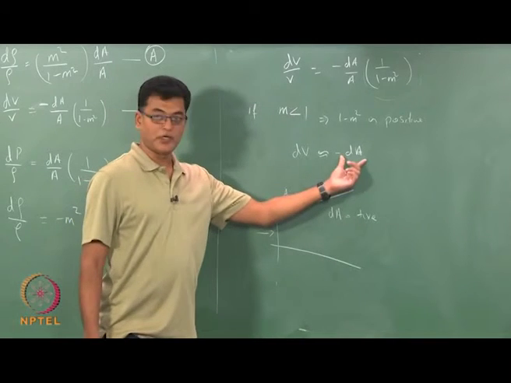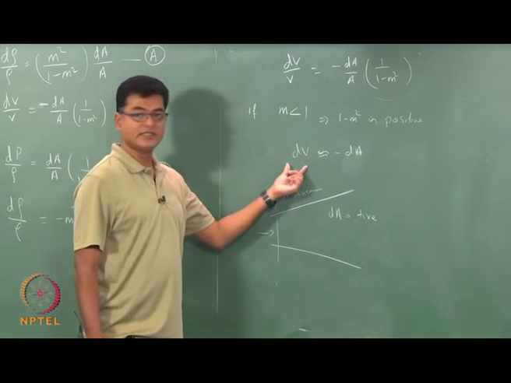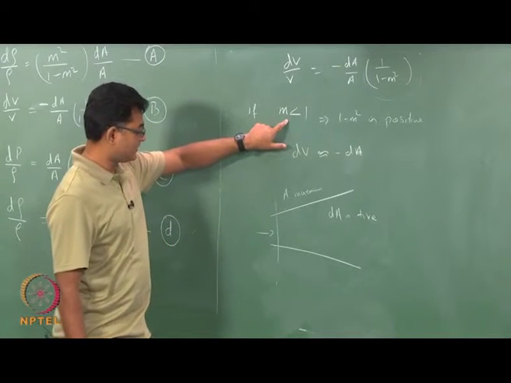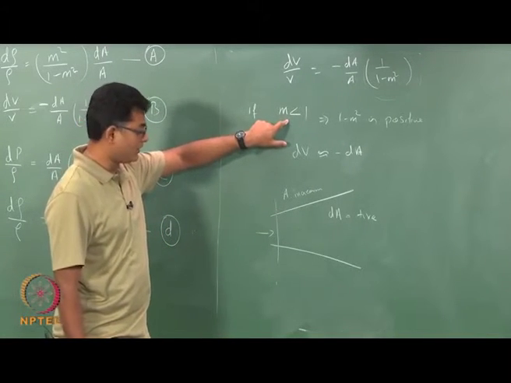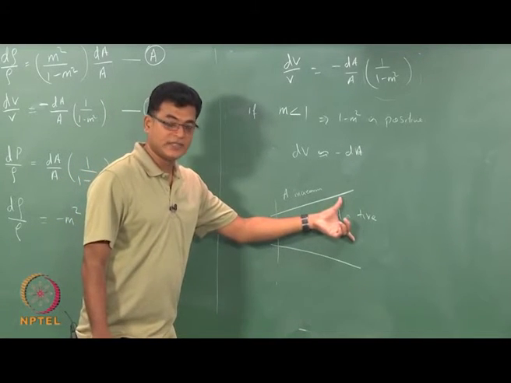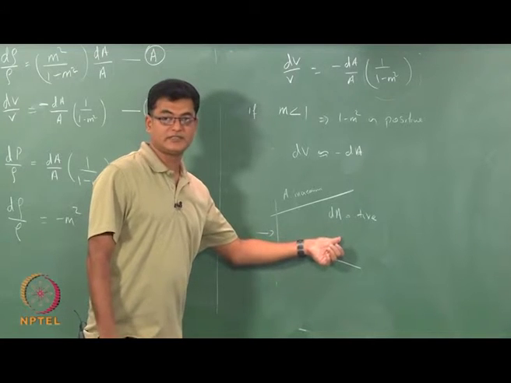So, if dA is positive, then my dV is negative. So, for a condition where m is less than 1, my area increases means my velocity should decrease.